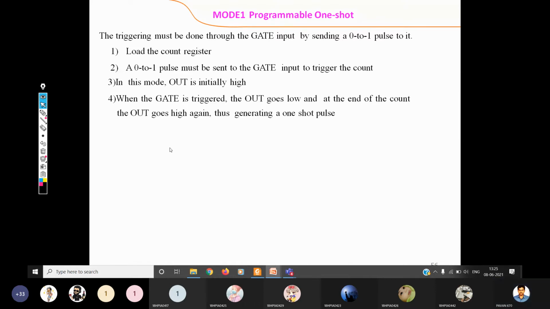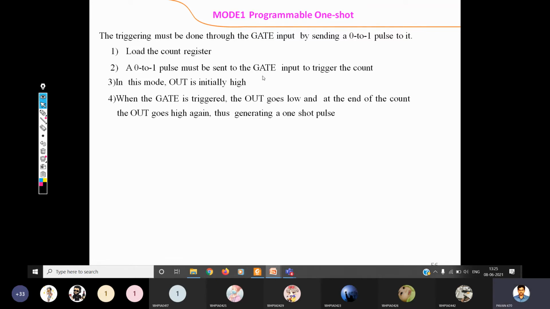After this, what will the signal states be? In mode 1, the gate does not need to be active all the time. It will just give a trigger, a 0 to 1 pulse, to trigger the monostable multivibrator mode of operation for this counter.